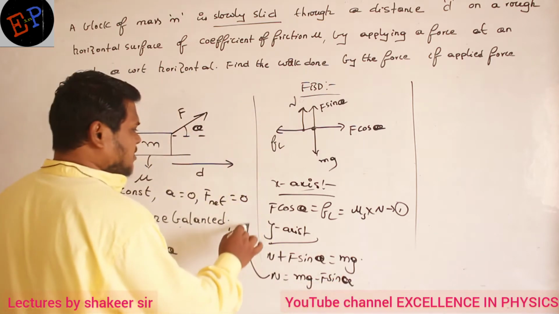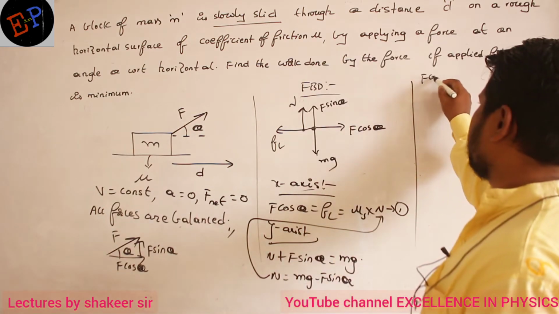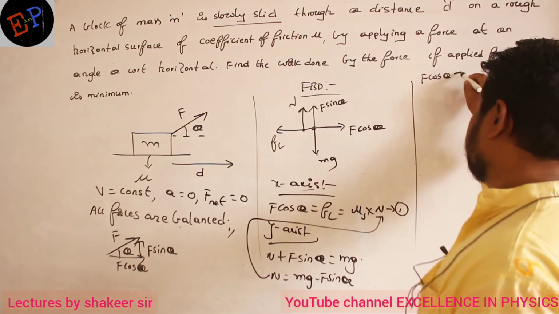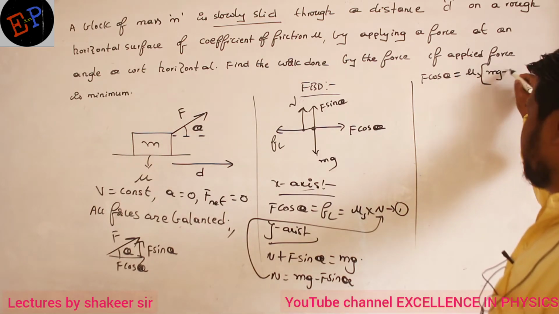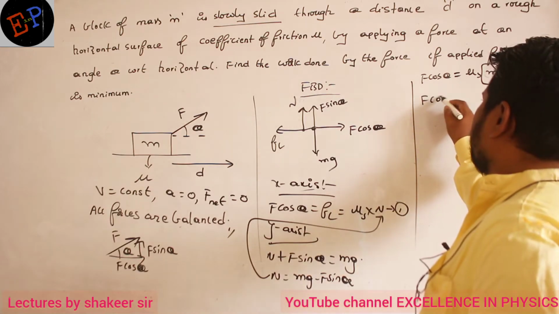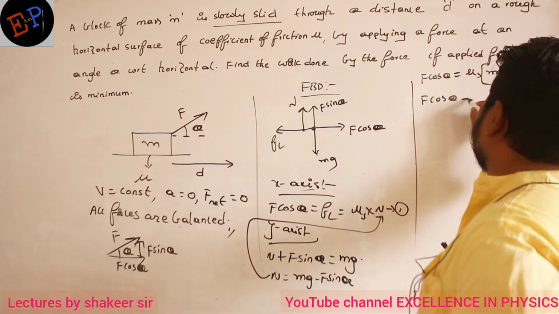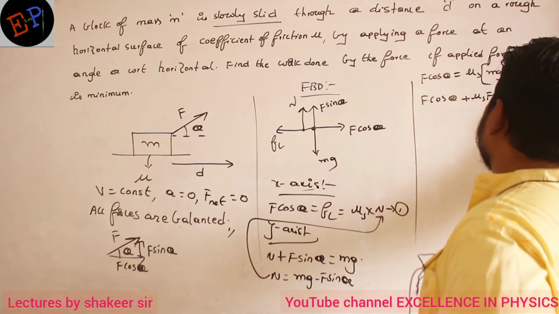Take this normal reaction and substitute here. F cos alpha equals mu s into normal reaction, and instead of normal reaction I write mg minus F sin alpha. Therefore F cos alpha plus mu s F sin alpha is equal to mu s mg.